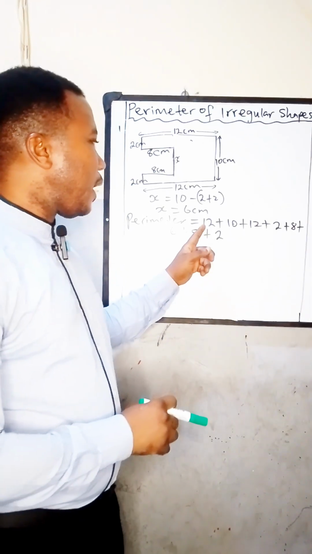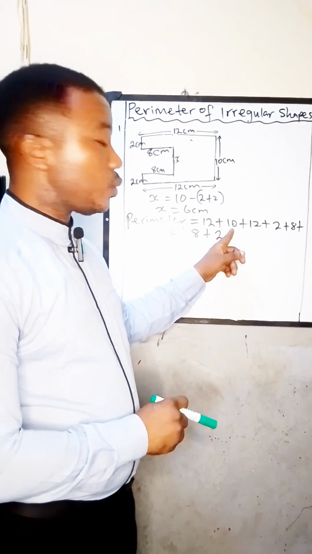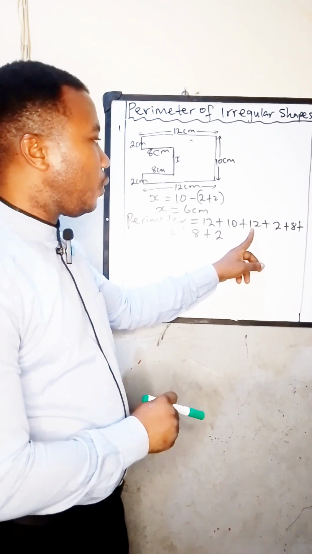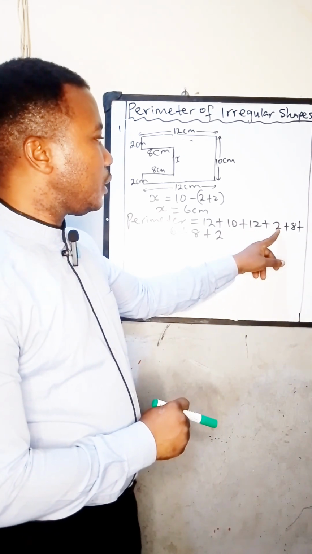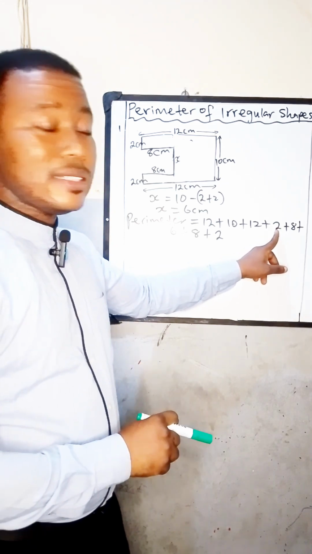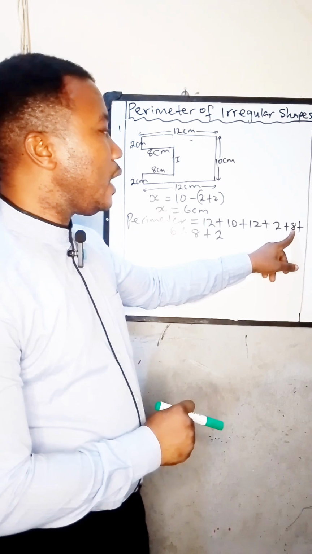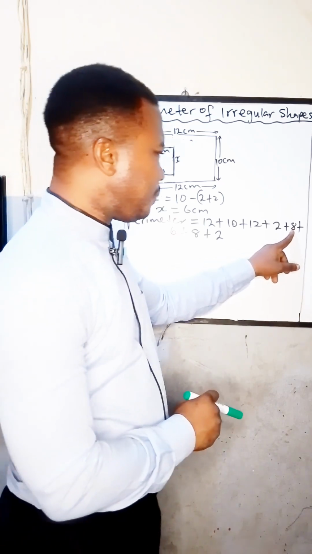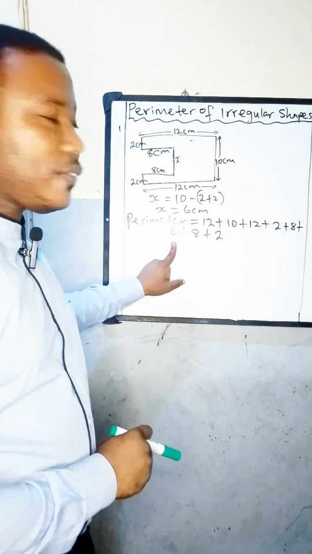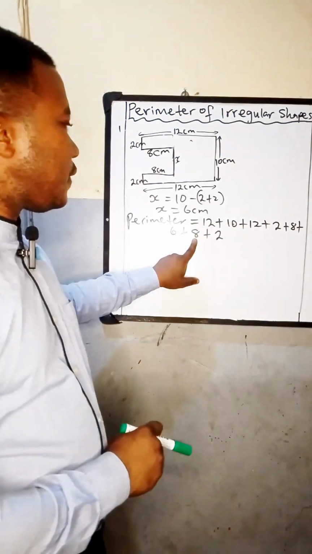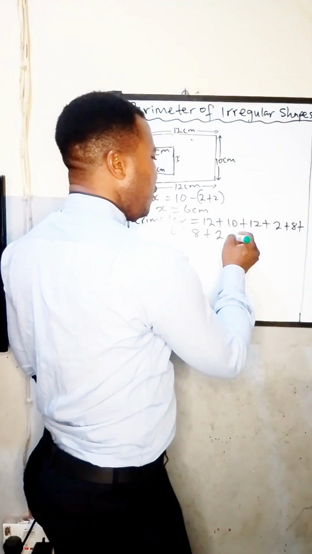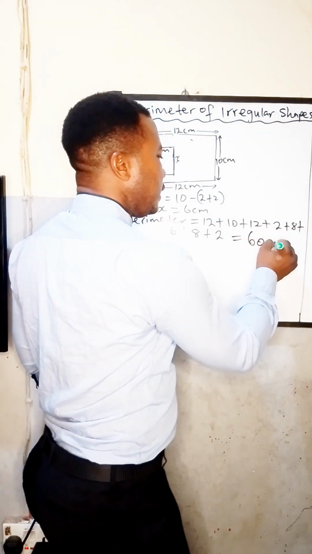So we have 12 plus 10, that's 22. 22 plus 12, we have 34. 34 plus 2, we have 36. And 36 plus 8, we now have 44. Plus 6, we have 50. Plus 8, 58. Then plus 2, we now have 60 centimeters.